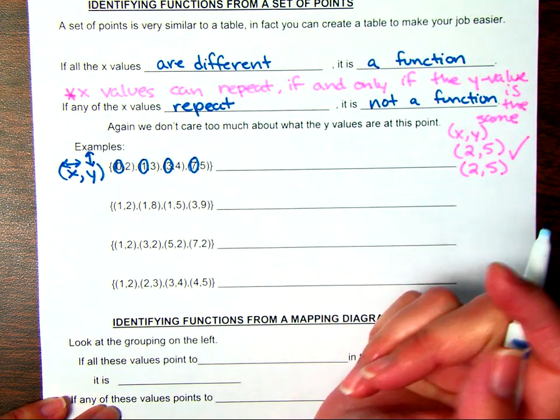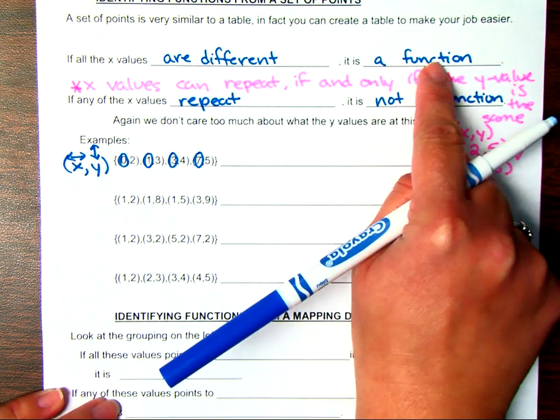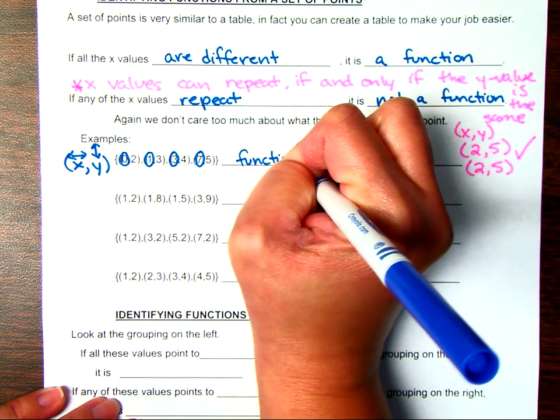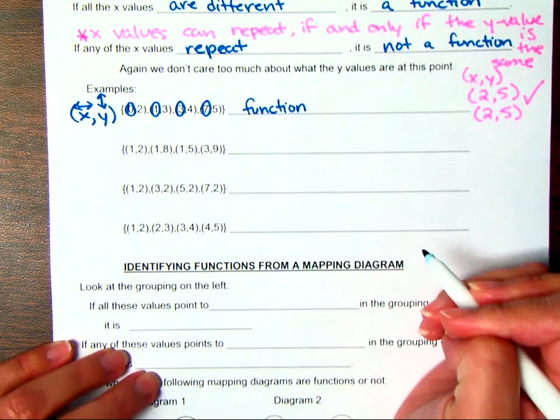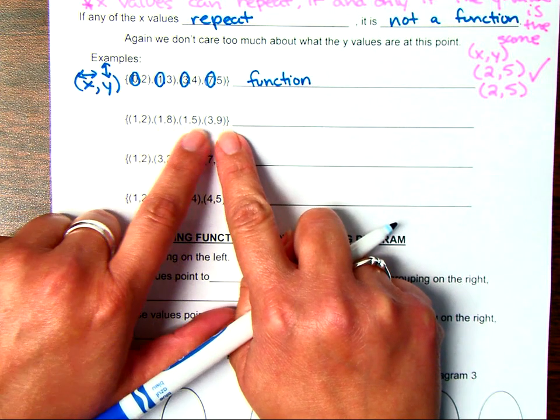If those are my x values, do any of those repeat? Nope, they're all different. So that means that this set of ordered pairs represents a function. Okay, so now we have another set of numbers. My ordered pairs are 1, 2, 1, 8, 1, 5, 3, 9.